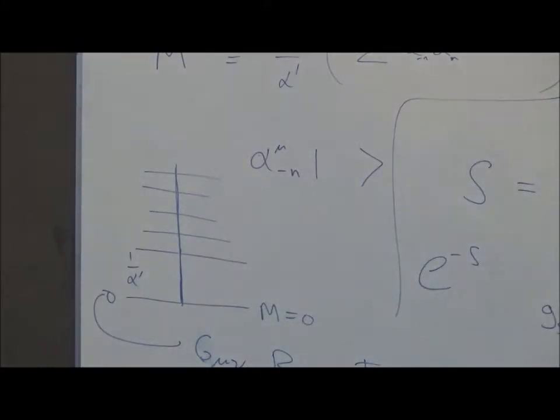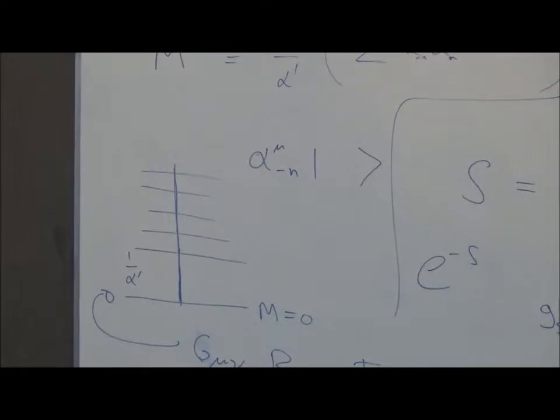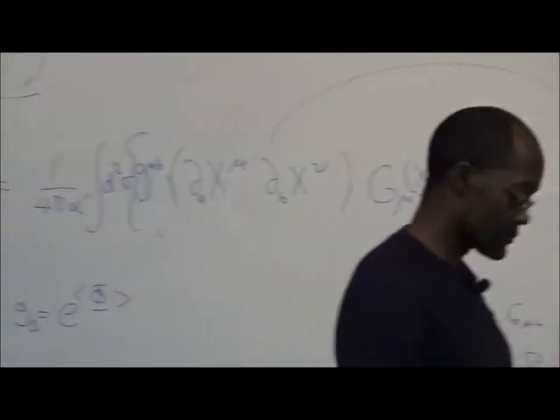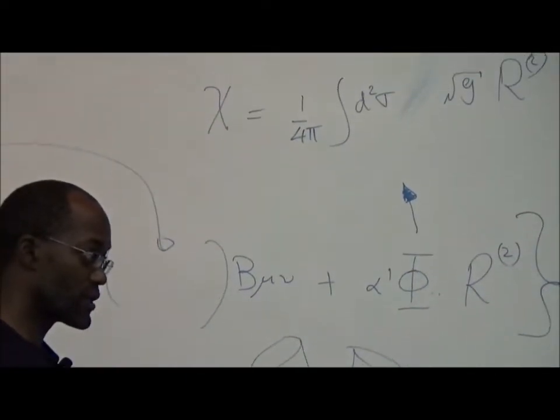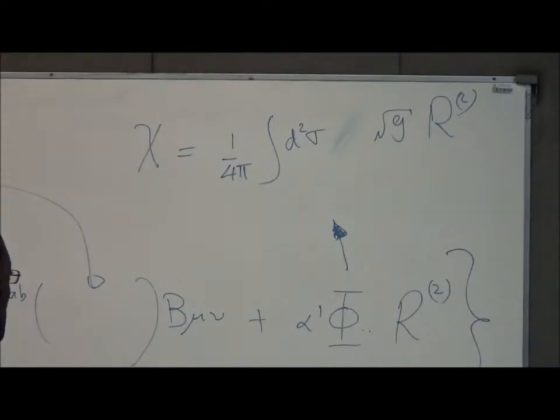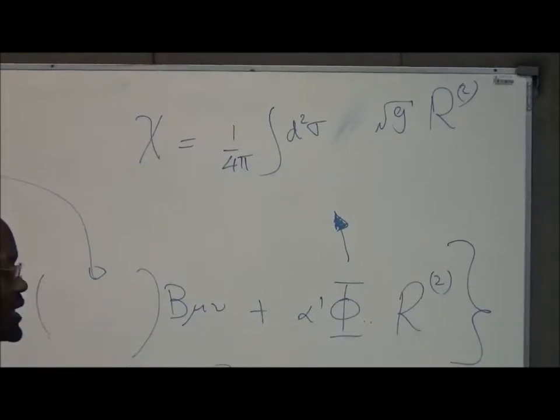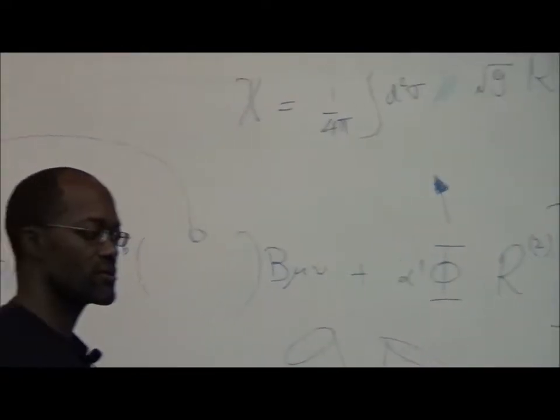When you do the equations of motion for the dilaton field, you get that the curvature will be 0. Curvature of what? The R supra 2. I don't understand.